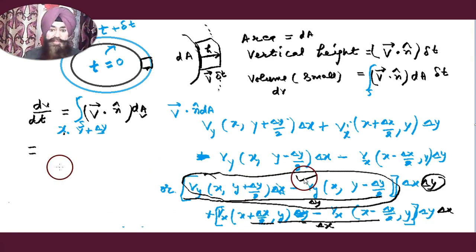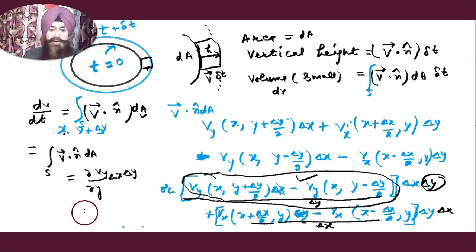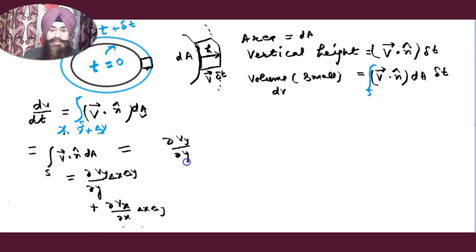So with that, what this vector is, is very simple. This is curly Vy by curly y into delta x delta y, plus the partial differential of Vx with respect to x, delta x delta y. So it is common.